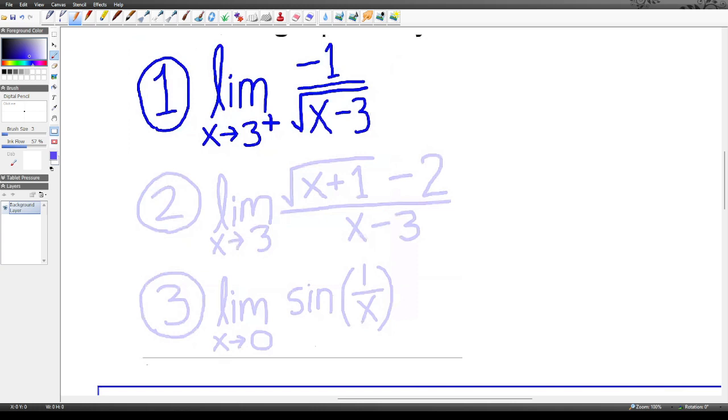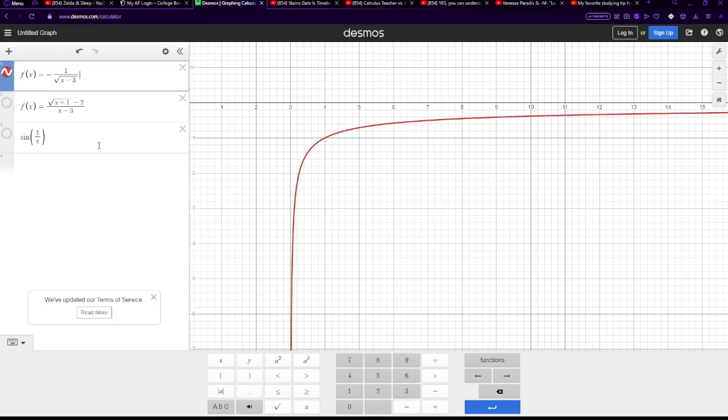Give me a second. Here you go. Here we're going to use decimals.